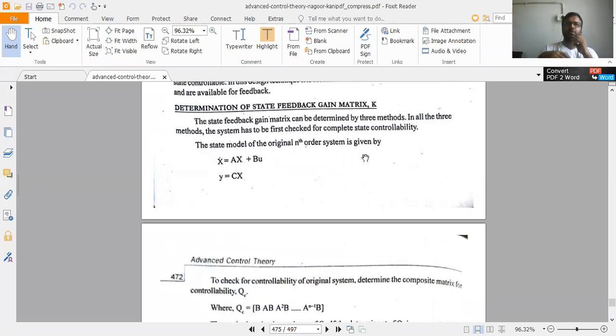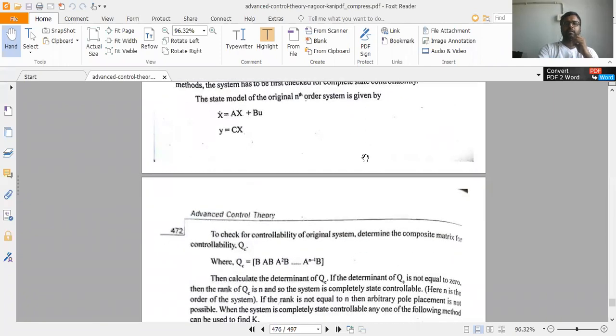After that only we enter into the methods used for calculation of capital K. To check the controllability of the original system, we develop the controllability matrix Qc, consisting of B, AB, A square B and so on up to A power n minus 1 into B. This is the matrix we have to frame.